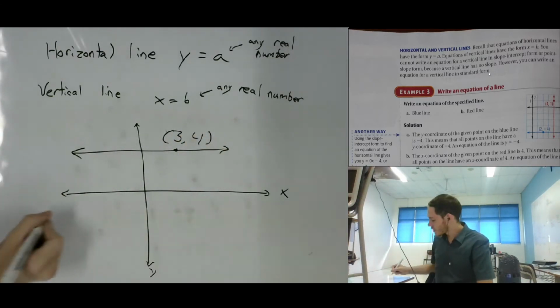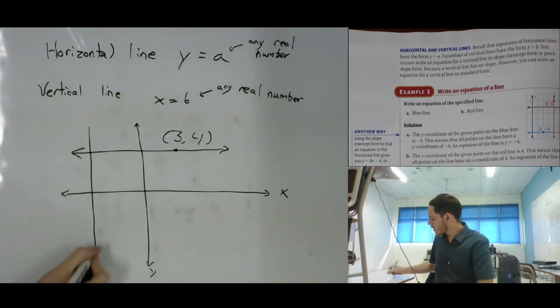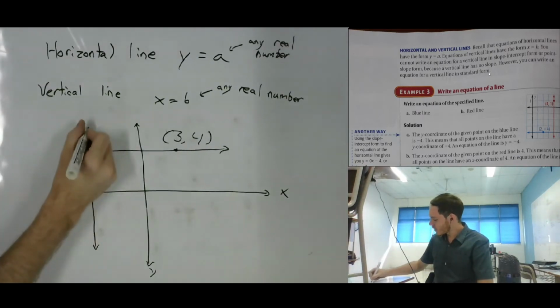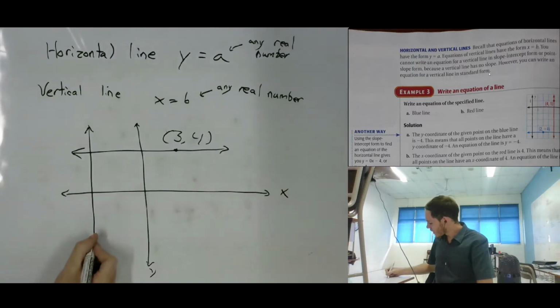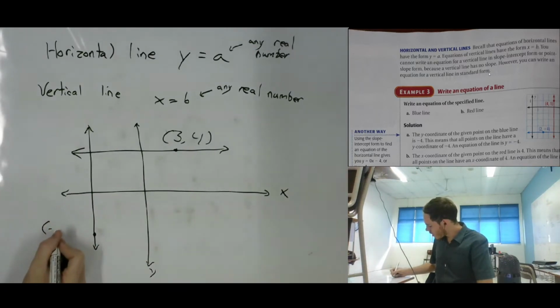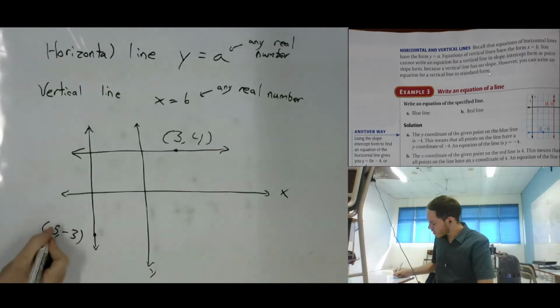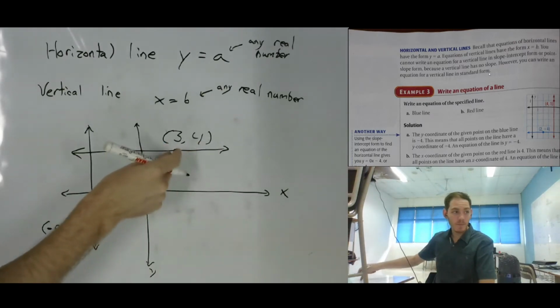Okay? Let's say we have a vertical line right here that passes through the point negative 5, negative 3. Okay, what's our equation for each of these lines?